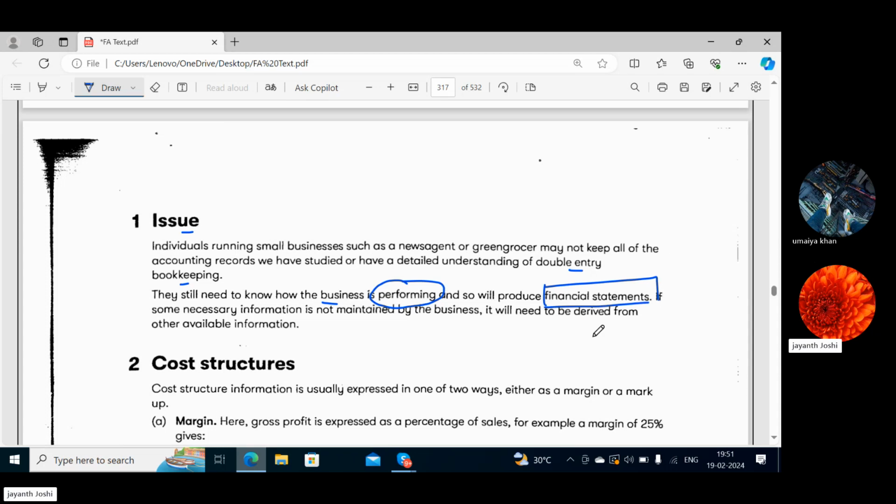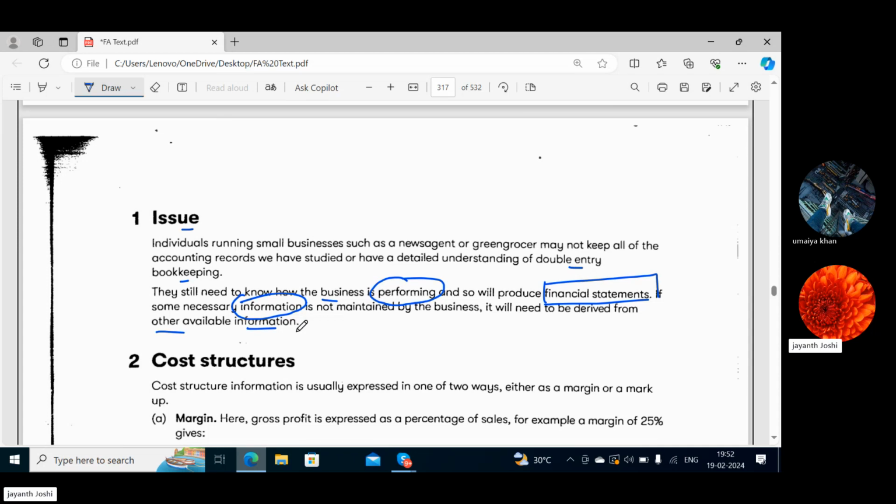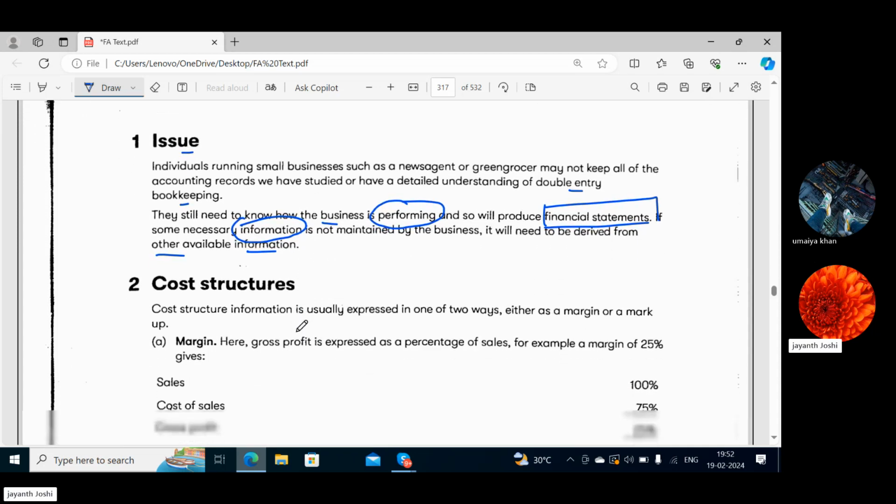When they prepare financial statements, they require certain information. That information which is not maintained by the business, they need to derive from other available information. So how to derive that information we'll get to know here.